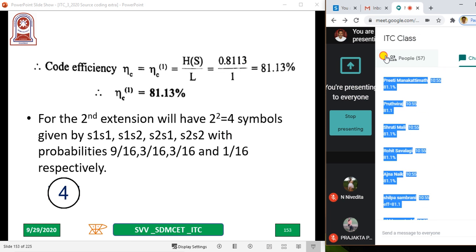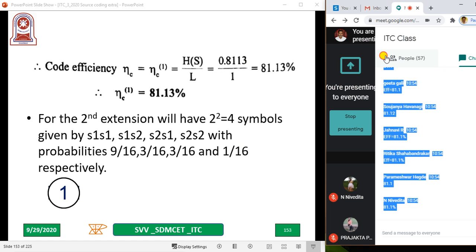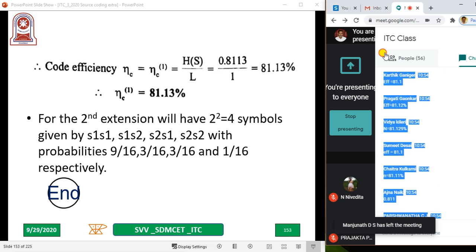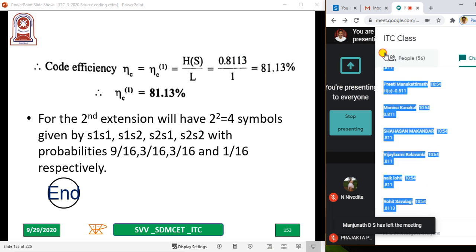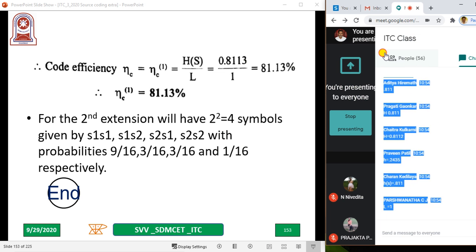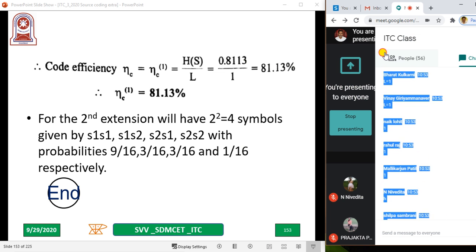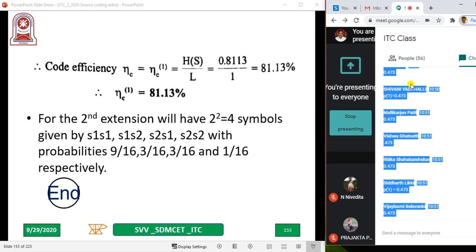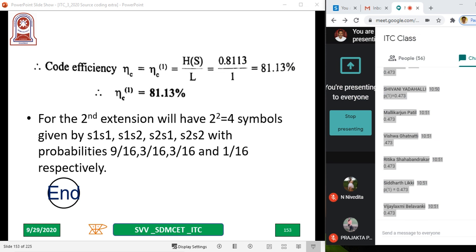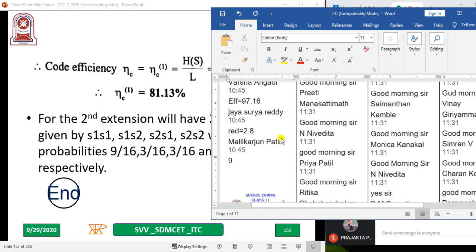I will wait for another 1 minute. So try to type your answers at a time so that it will be easy to compare. Let me copy down from the chat box whatever answers you have typed.